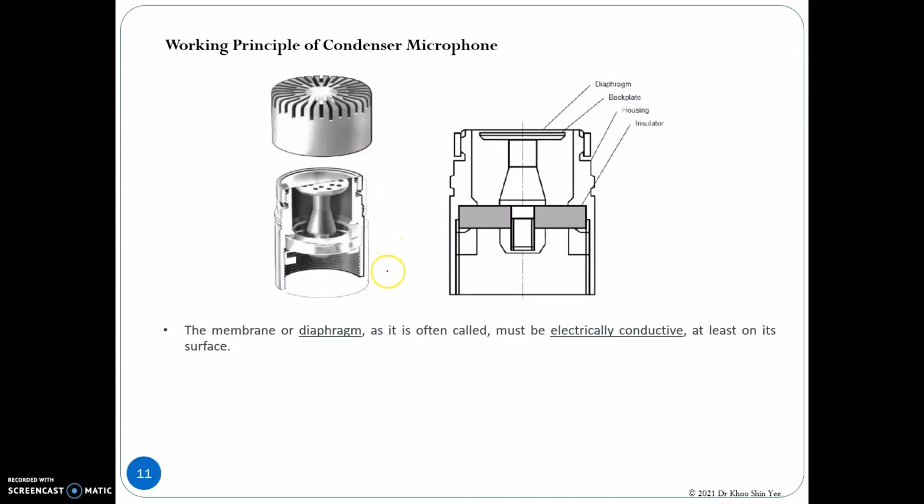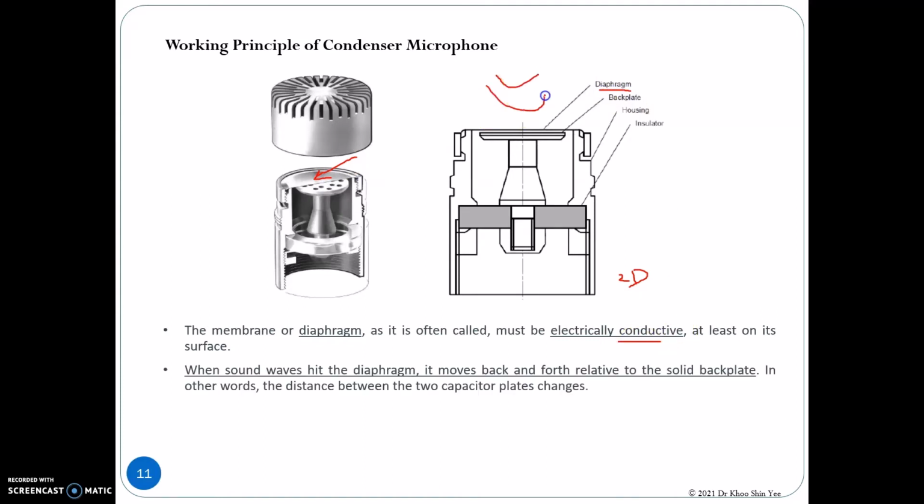This is the schematic diagram for the condenser microphone in 3D and 2D. At the outer surface here, we have a diaphragm, which is electrically conductive. When the sound wave hits the diaphragm, the diaphragm will move back and forth relative to the backplate, which is located here.